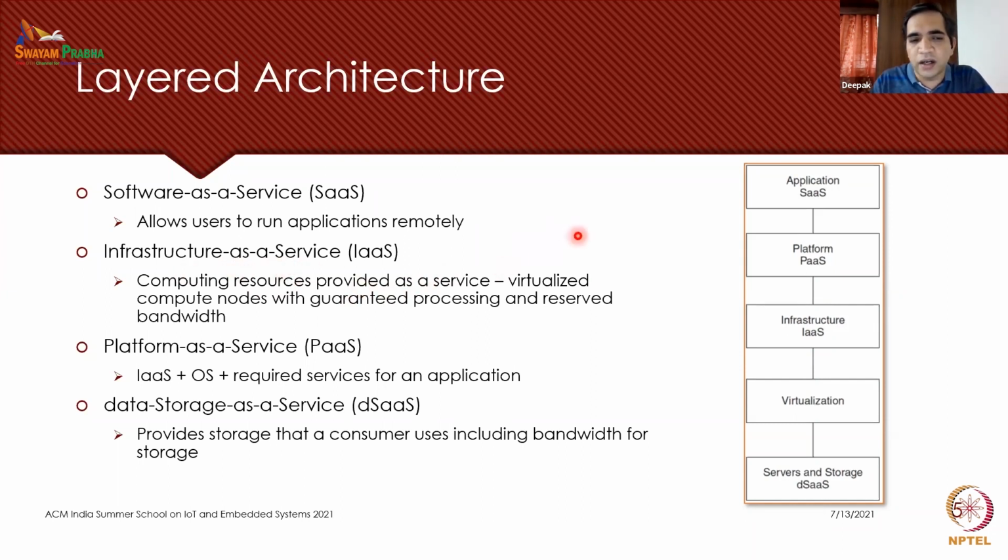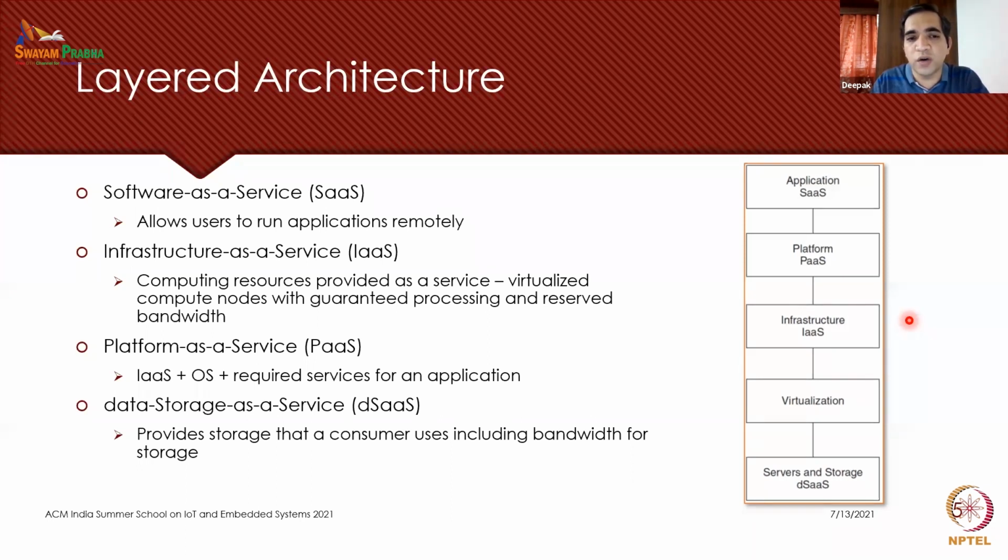So that's only the application part, right? Now you can also access more services. One of the other things that you can access is called infrastructure, and infrastructure as a service is another layer of this architecture. What is done here is you're not asking for the application, so to say, but you are asking for the computing resources.